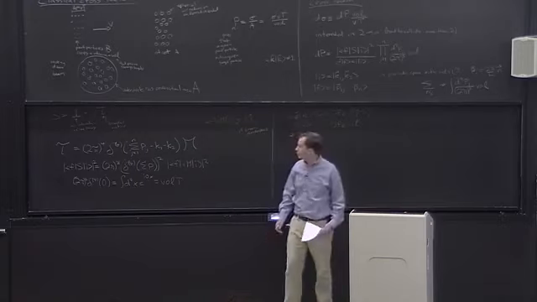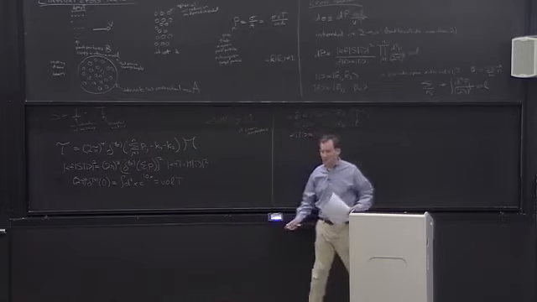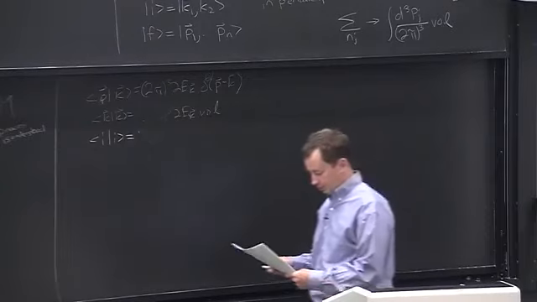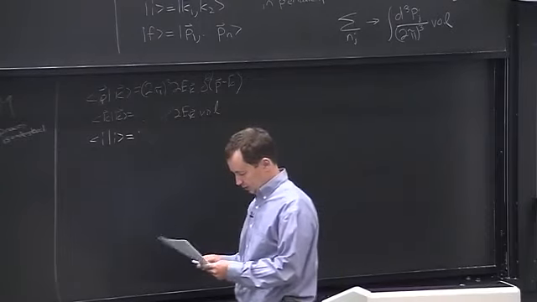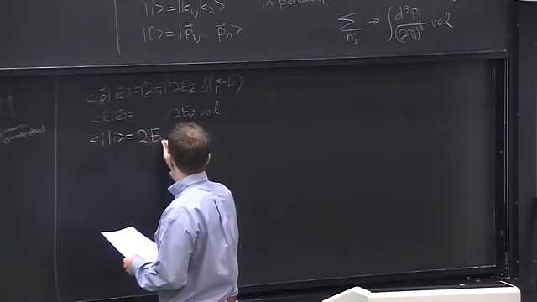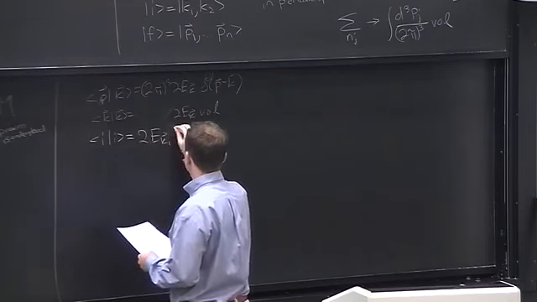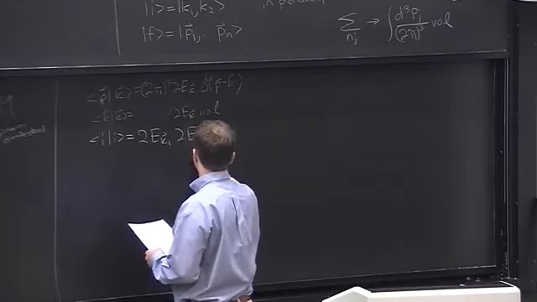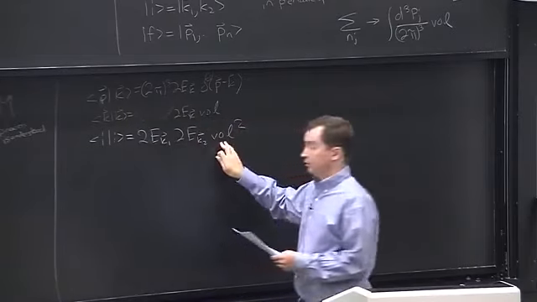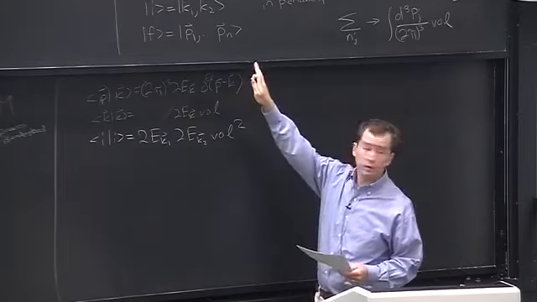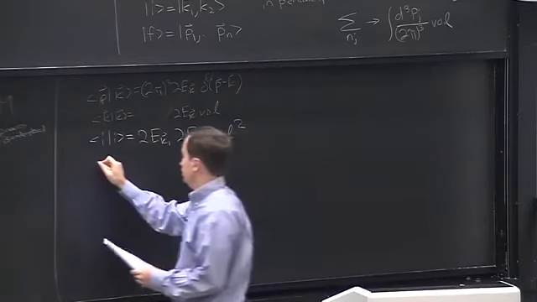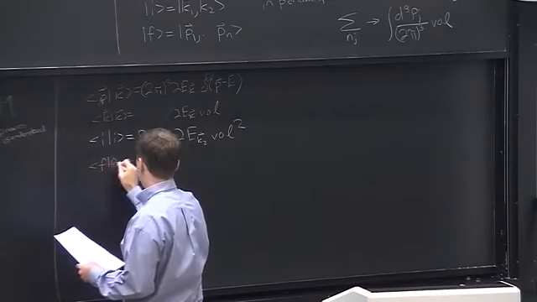We'll find what interesting means later. But we'll come back to that. So there are two factors of the volume in the normalization of the initial state and n in the normalization of the final state.